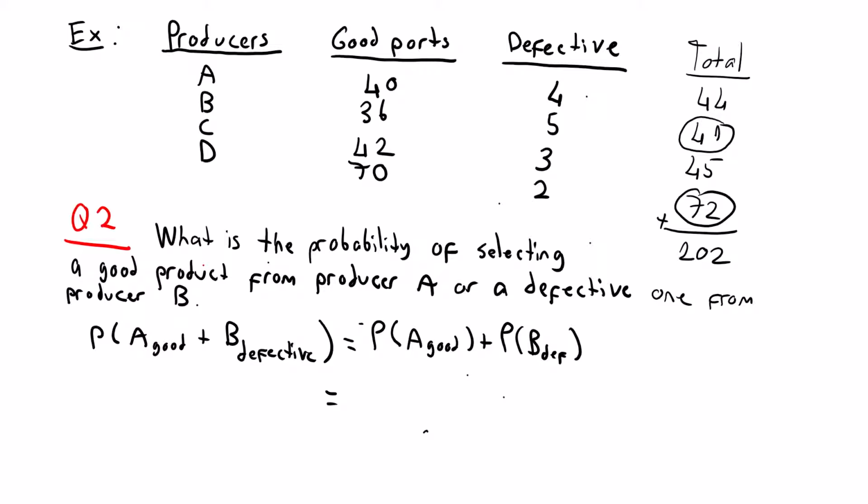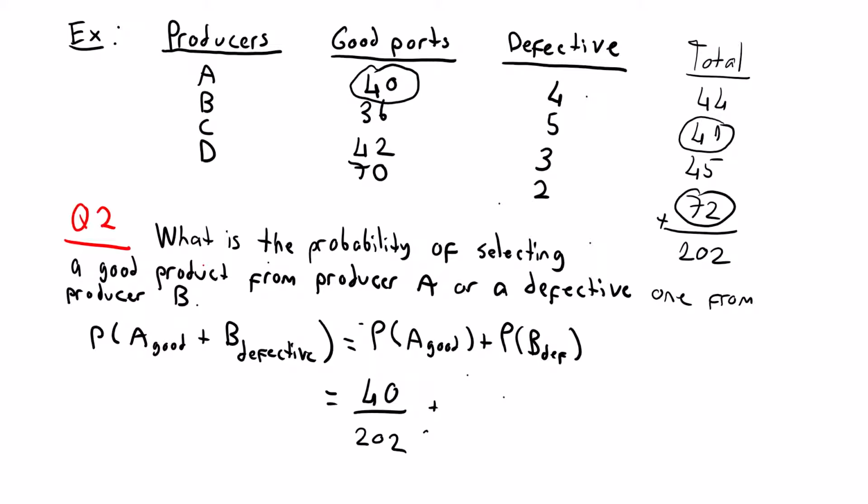Okay, so what is the probability of selecting a good product from producer A? Well, that number is 40, because we have 40 good units from producer A, and the number of possible outcomes is 202. And what is the probability of selecting a defective one from producer B?